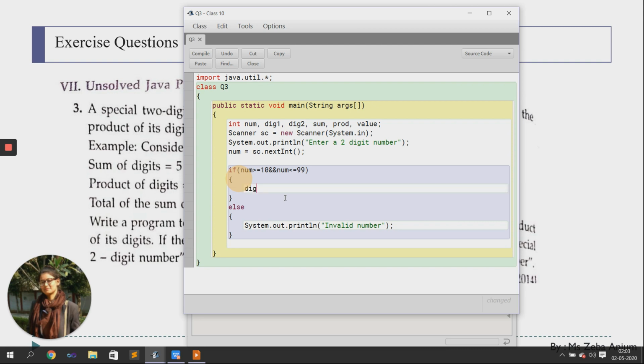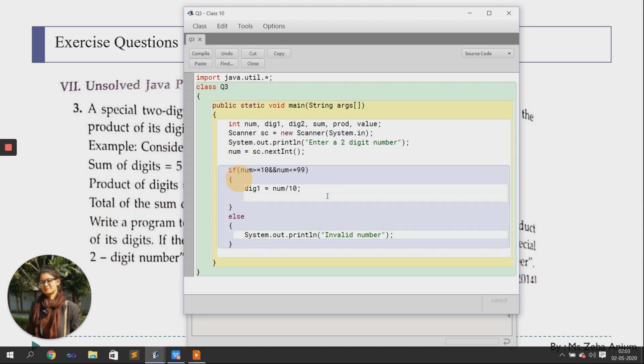So let us calculate it now. digit1 equals num divided by 10. Now this digit1 will be holding your first digit, because integer division gives you the quotient. Now calculate digit2 equals num modulus 10, which will give you the remainder. So anyhow the last digit you are going to put over here in digit2.